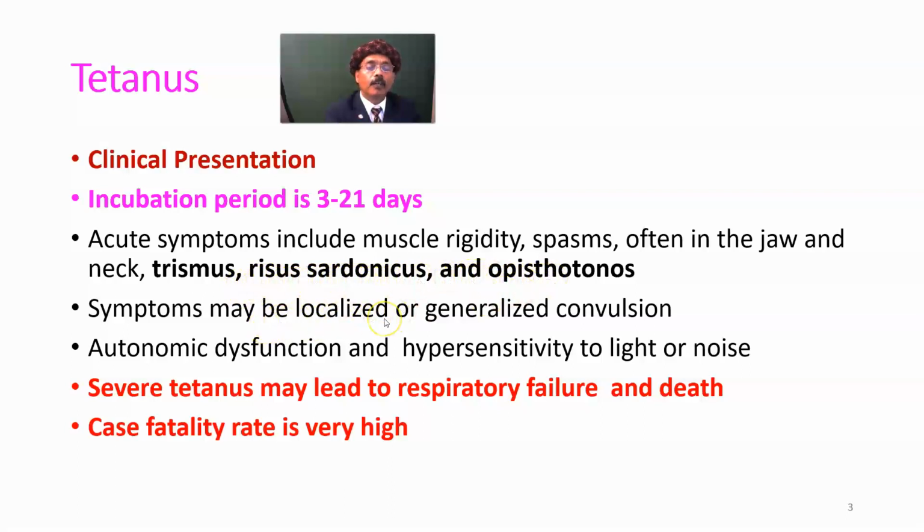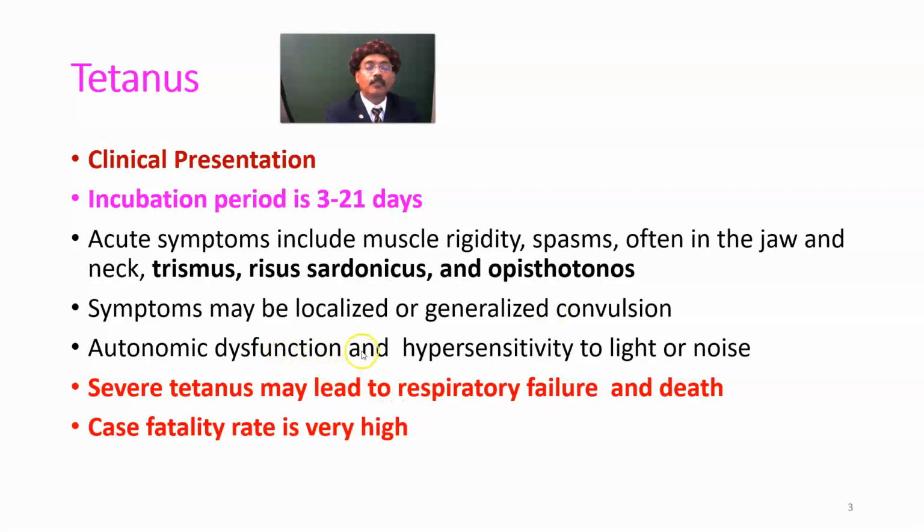Symptoms may be localized, confined to the head and neck region, or to a few cranial nerves like the facial nerve, or there may be generalized convulsion. The entire central nervous system may be excited because of suppression of inhibitory neurotransmitters like glycine and gamma aminobutyric acid.